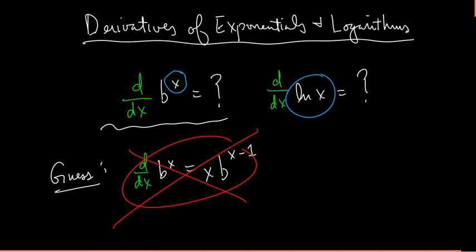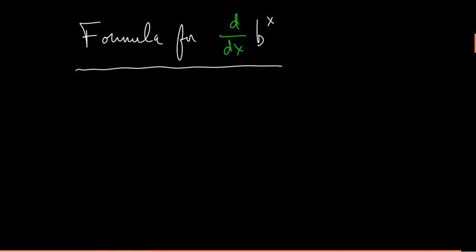You can never do power rule when the variable is an exponent. Power rule is only applicable when the exponent is just a number, a constant. So let me just show you the formula then. The formula instead is, the d dx, in other words, the derivative of b to the x, is equal to, ready? b to the x, it's just itself, times a little bit extra.